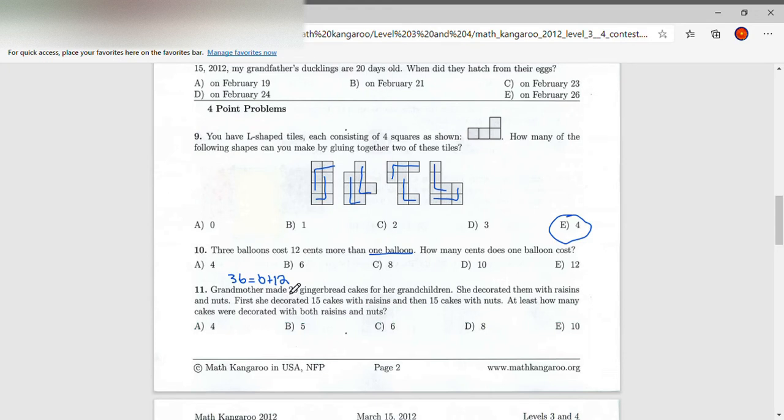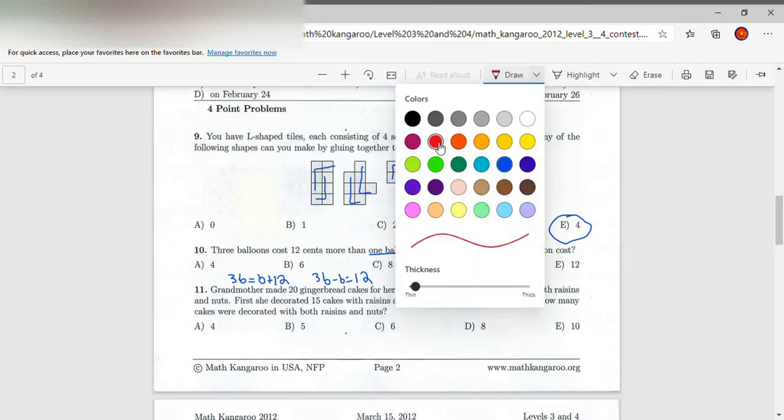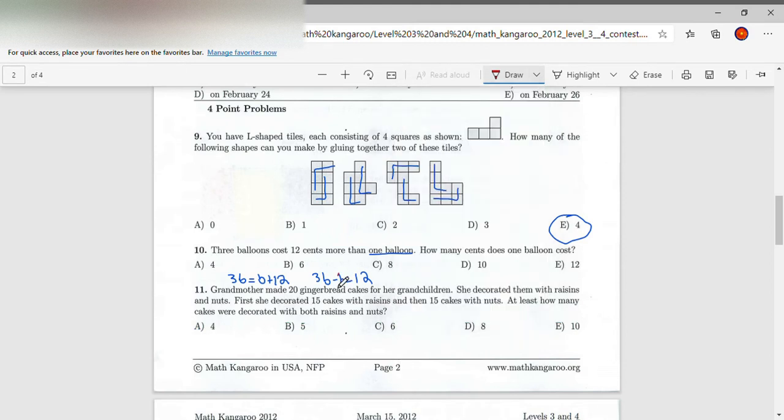So that means, since this is addition, to get it to this side, we have to use subtraction, which is the inverse operation of addition. So 3b minus b equals 12. We know that when there's no number and it's just a variable, that means it's a 1.